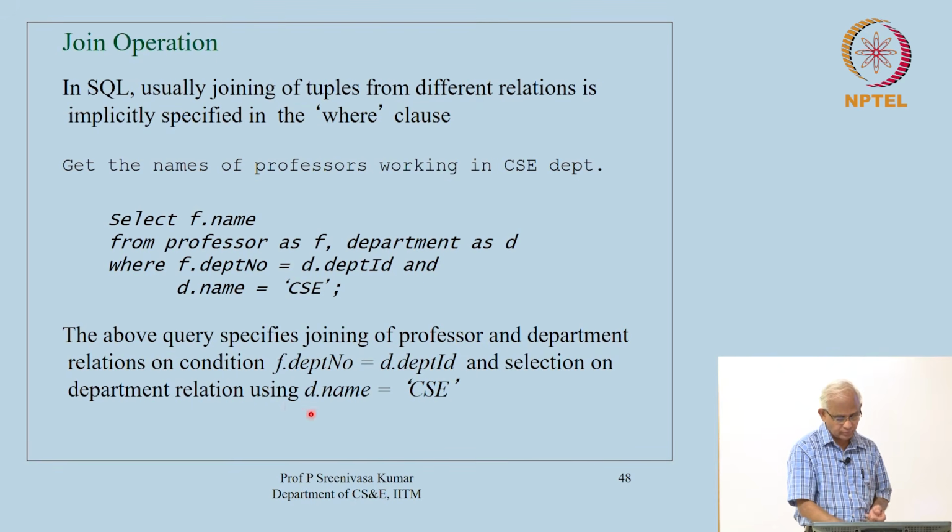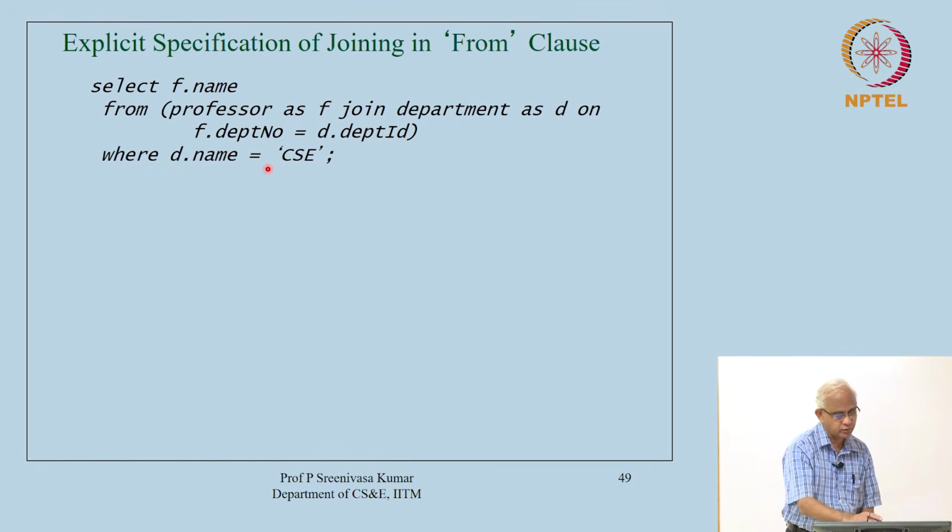While it is not highly recommended, SQL does allow you to introduce explicit specification of joining in the from clause. So, select f dot name from, here is a temporary relation being created on the fly by doing a join between 2 tables with a join condition.